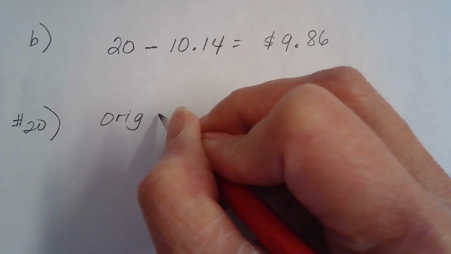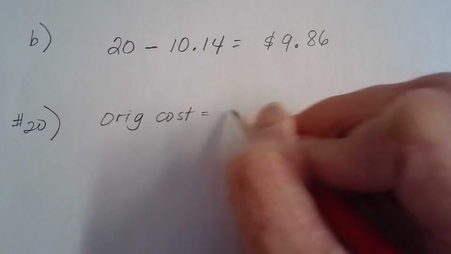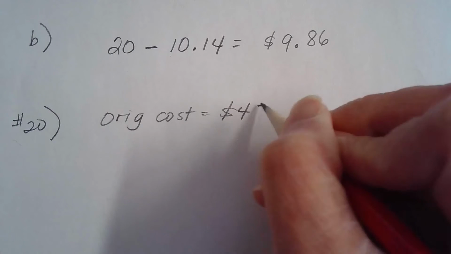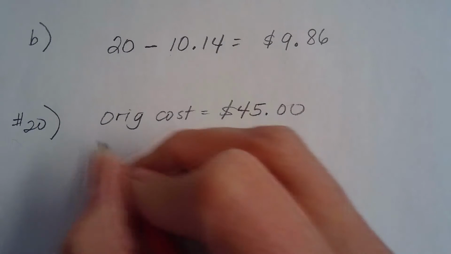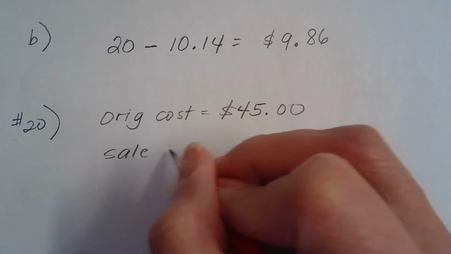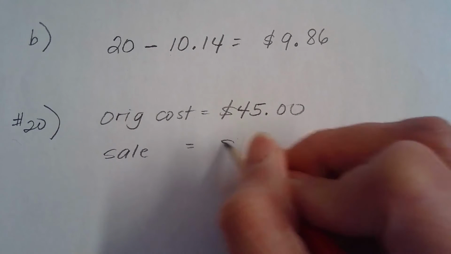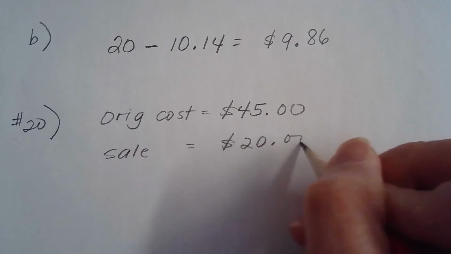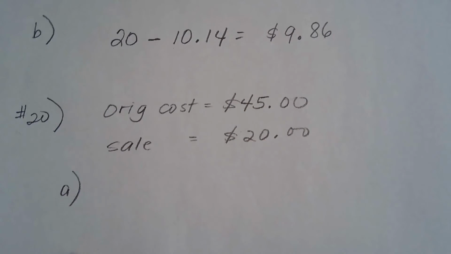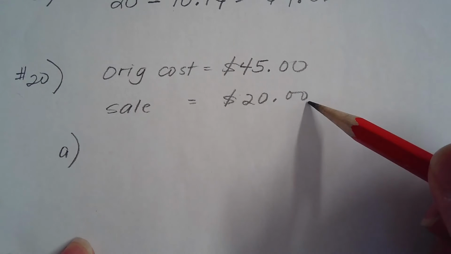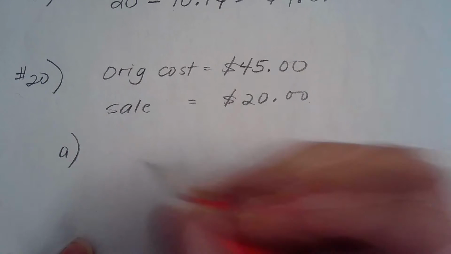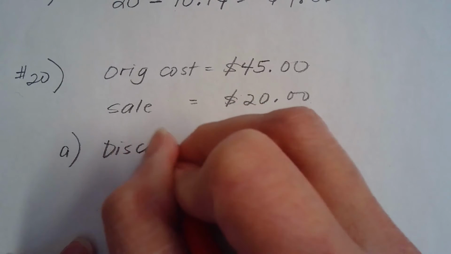Original cost is $45, and you want to put it on sale for $20. So question A says, what is the amount of discount in dollars? So how much is a discount? It used to be $45, now it's $20. How much is a discount? How can you figure that out?